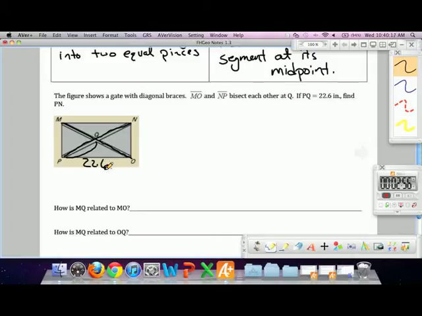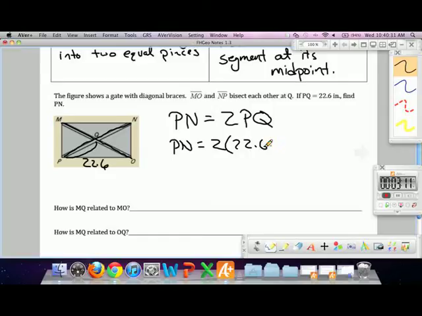Just double it. PN has to be equal to twice whatever PQ is, or PN is equal to twice 22.6, which is exactly a length of 45.2 inches.